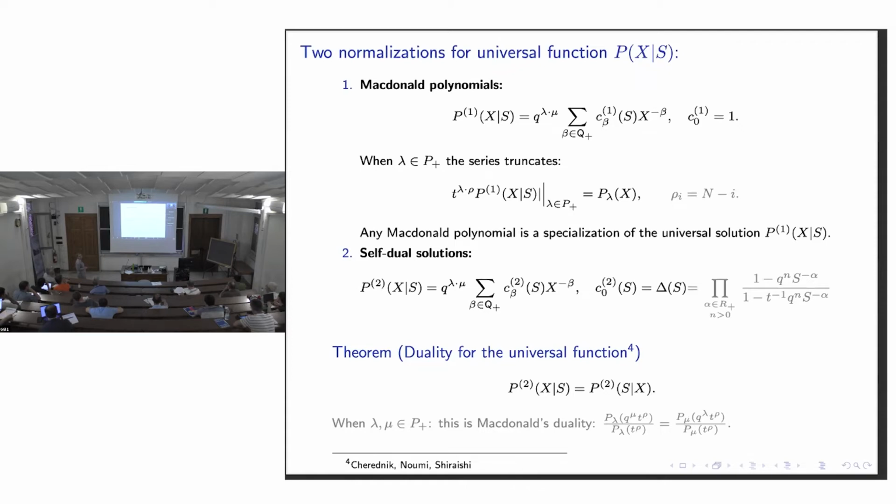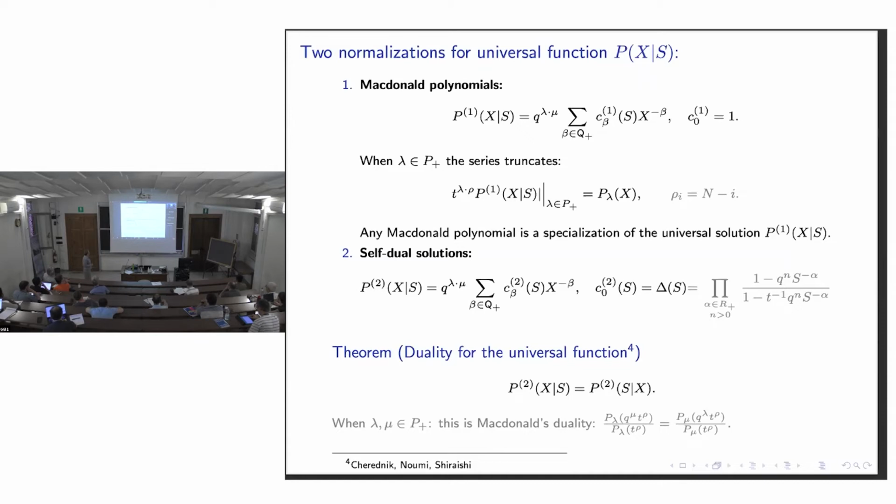These coefficients become 0 after a while, and this becomes a polynomial, and the prefactor ensures that it's in fact a symmetric polynomial, and it's the Macdonald polynomial. So this normalization, C0 equal to 1, under this specialization truncates to the Macdonald polynomial. Any Macdonald polynomial for any lambda is contained in this series solution. So for that reason, this is called the universal Macdonald function.